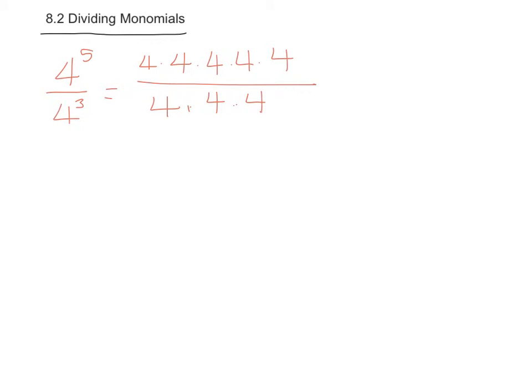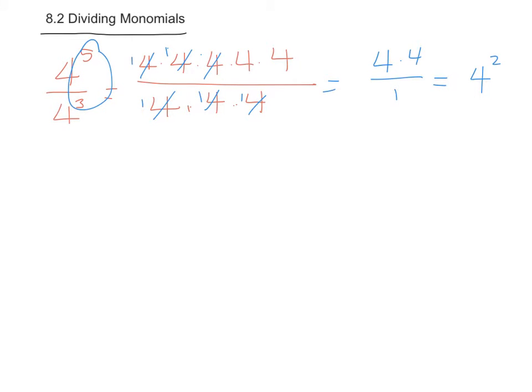And every time you have 1 on top and 1 on the bottom, then you can cancel those and it would equal 1. So we'll cancel another set, it equals 1, third set, and it equals 1. And I've ended up with 4 times 4 on the top and nothing on the bottom except 1. So that equals 4 squared, which is 16.